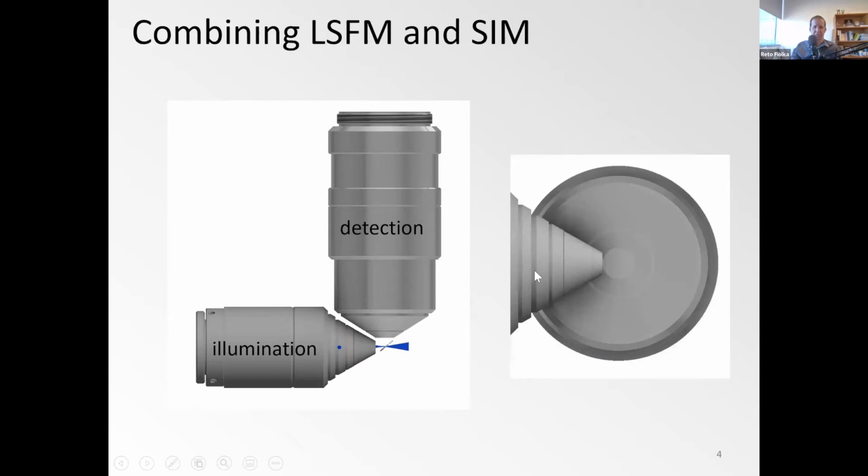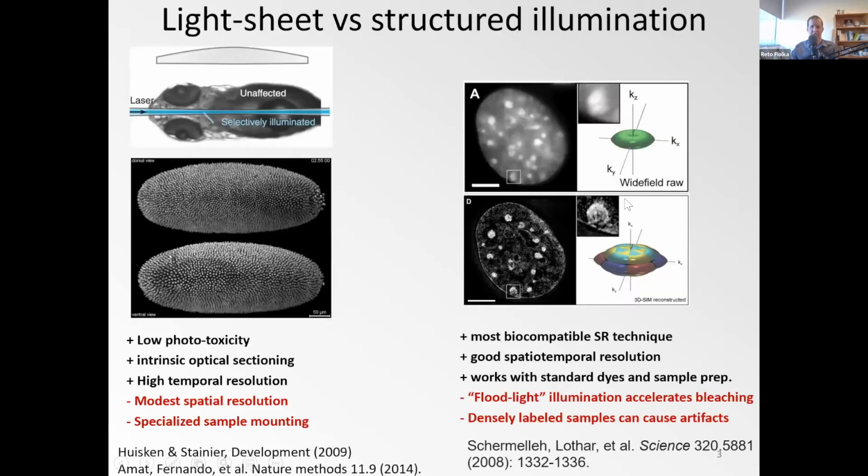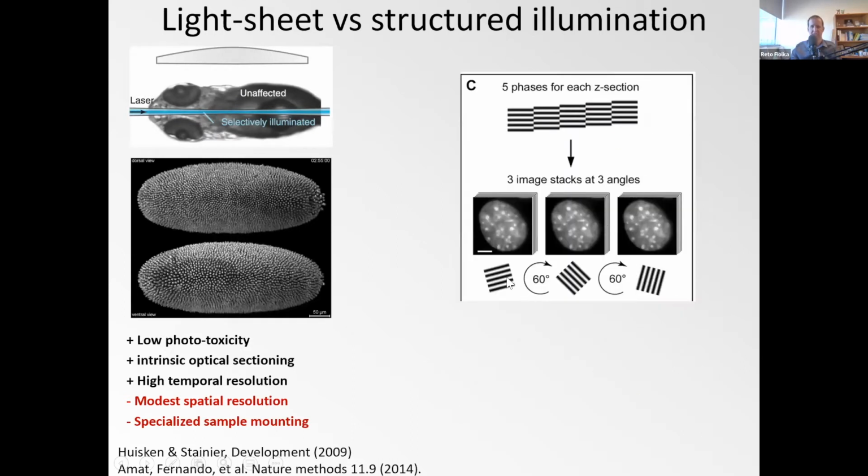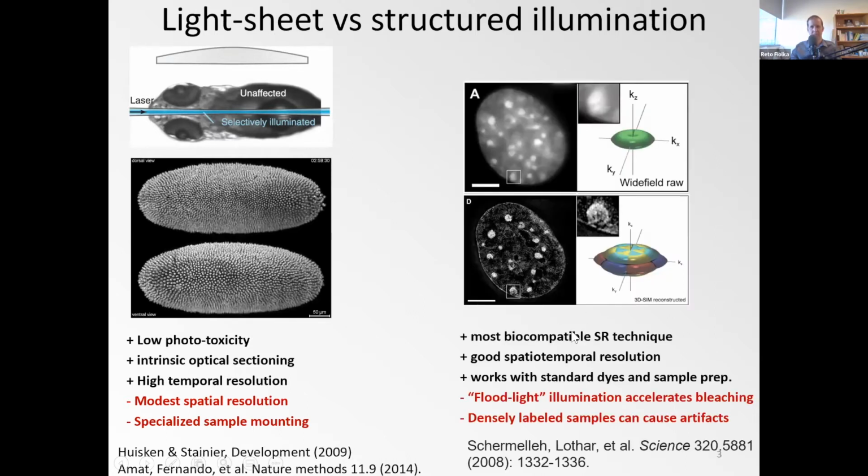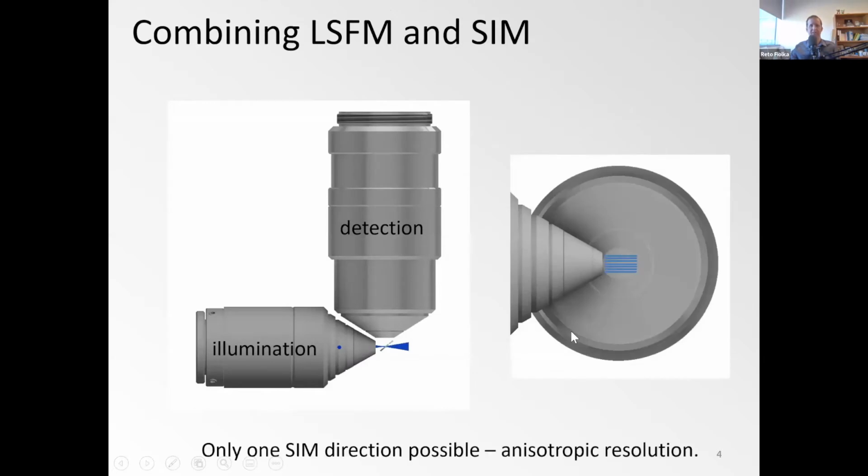So if you look from the other side, you can essentially generate structured illumination with lattice light sheet, but the periodicity or the pattern vector cannot be rotated, so it's fixed. So in the Gustafsonian sense, for isotropic resolution extension, you would need the ability to rotate the illumination pattern by 60 and 120 degrees. This was not possible, or has not yet been done, in a light sheet format.